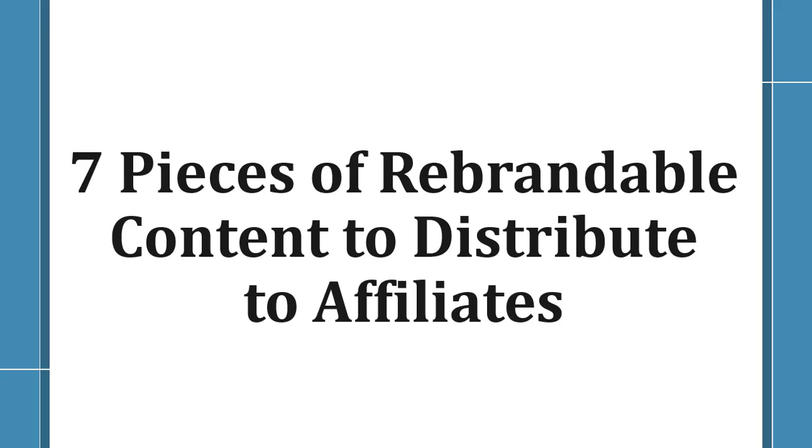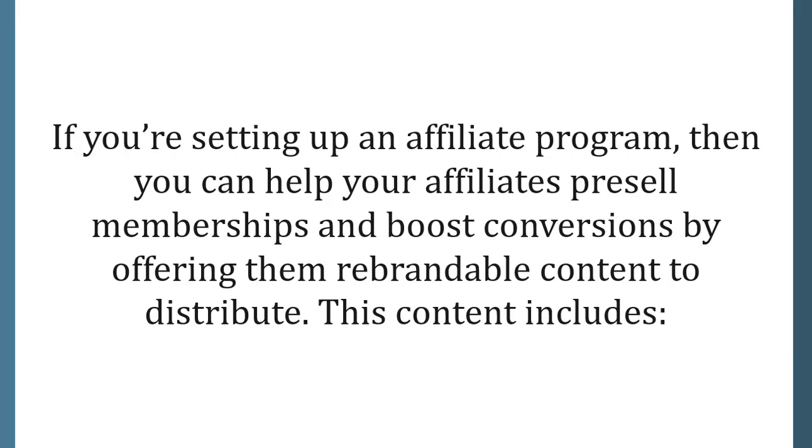Next, 7 pieces of rebrandable content to distribute to affiliates. If you're setting up an affiliate program, then you can help your affiliates pre-sell memberships and boost conversions by offering them rebrandable content to distribute.